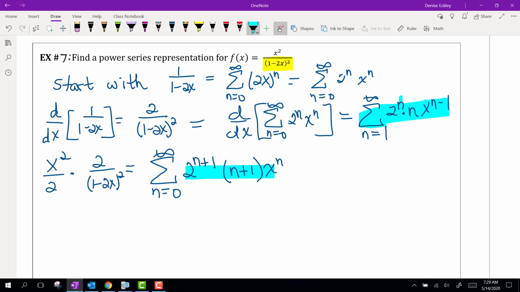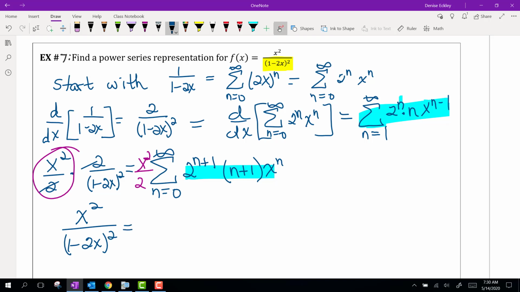now instead of 1. So I want to remember that I multiplied the left side by x squared over 2. So I'm going to do the same thing on the right side. And when I do that, then I'm going to have my real function, which I want. 2's will cancel here. I'm going to have x squared over 1 minus 2x squared.